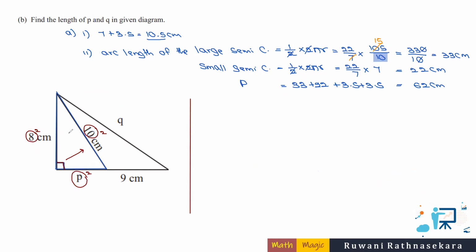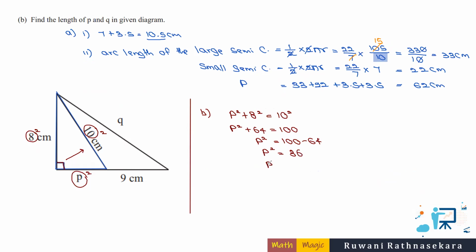Therefore, you can build up an equation including P this way. P squared and 8 squared when added becomes 10 squared. Right? Solve this equation. 8 squared is 64, 10 squared is 100. You take 64 to the other side, then it becomes 100 minus 64, which is equal to 36.